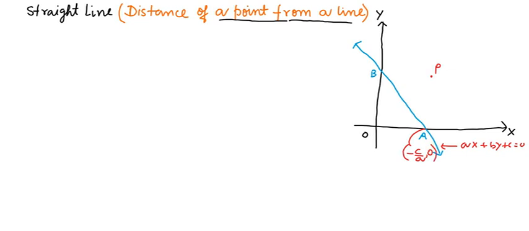See how the coordinates of the point A are minus C by A, 0.